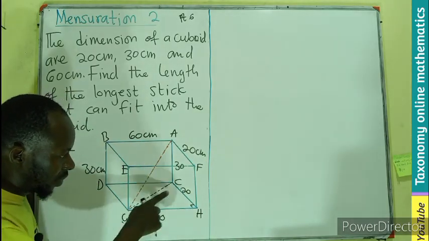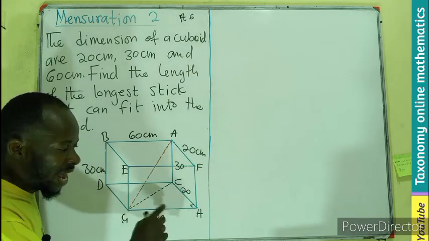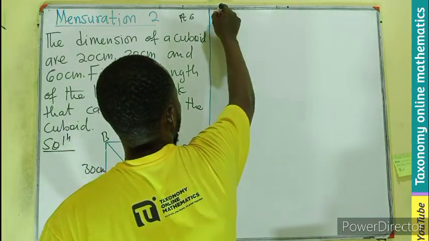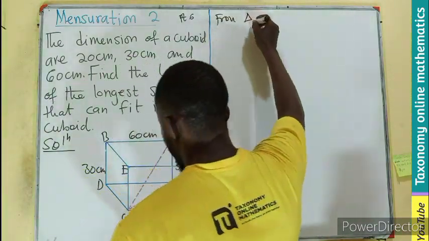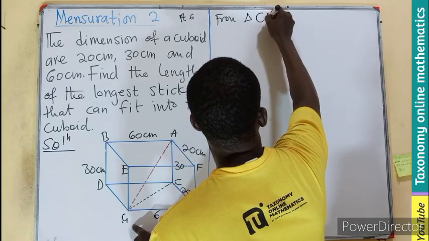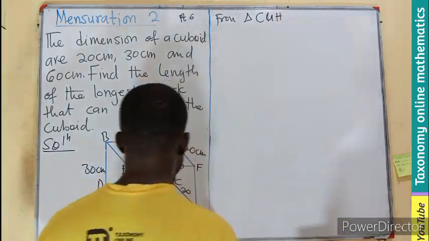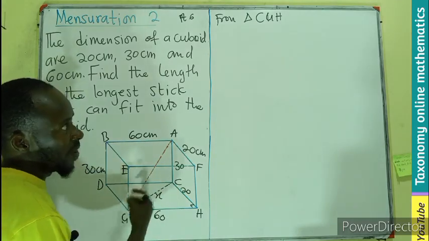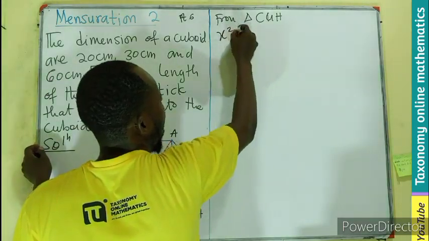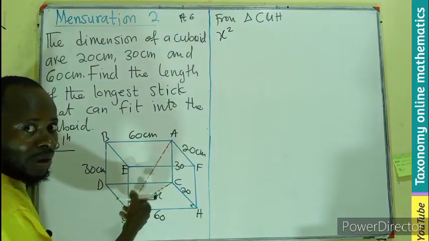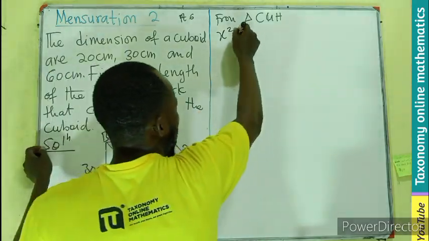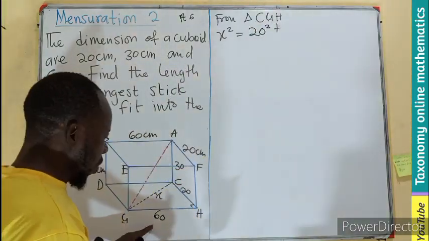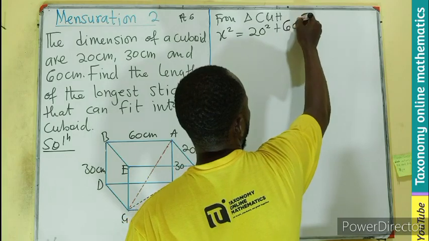So if I take the triangle CGH, I can use the Pythagoras theorem, right? From the triangle CGH, we can find the side here. Let me use X. We can find X squared, with the diagonal as our hypotenuse, equals 20 squared plus 60 squared.